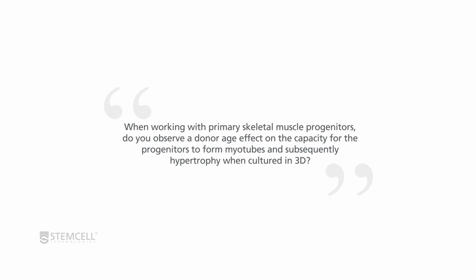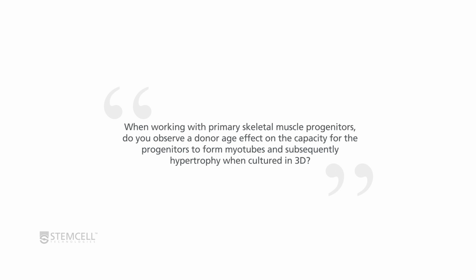So presumably in your aged human skeletal muscle tissue, we know from a lot of work that there's a large population of the muscle stem cells that are less potent, but we also know that there are cells in there that are still good to go in terms of doing their job. And it's almost certainly that subpopulation that is being enriched and is available in our muscle progenitor cell line that we're using to make 3D tissues.